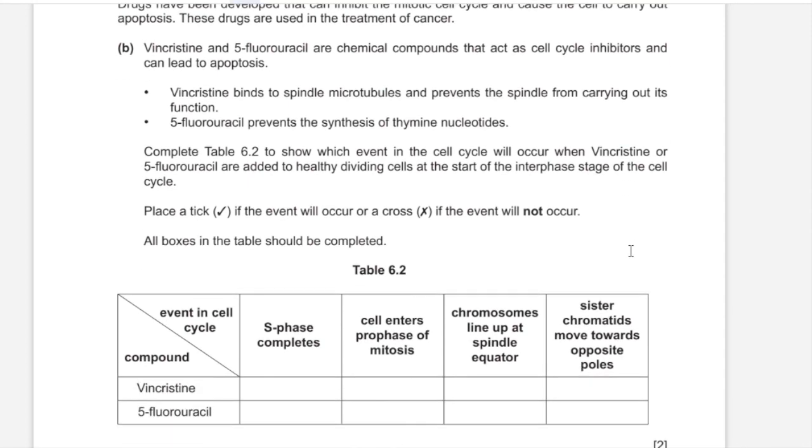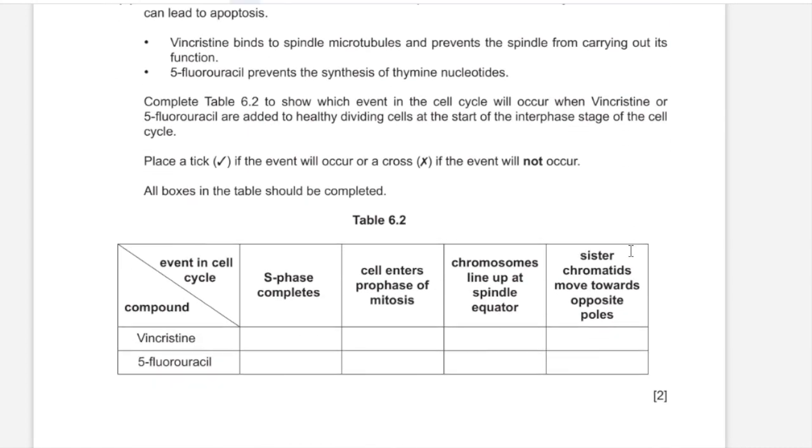Complete table 6.2 to show which event in the cell cycle will occur when vincristine or 5-fluorouracil are added to healthy dividing cells at the start of the interphase stage of the cell cycle. Place a tick if the event will occur, or a cross if the event will not occur. All the boxes in the table should be completed.